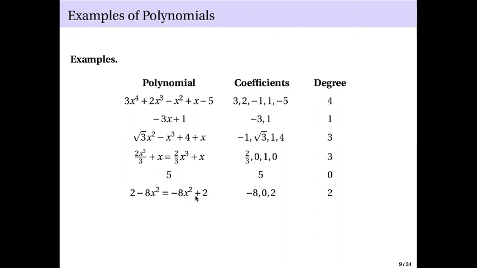So the coefficient of that is equal to 0. So if you want to write that variable x with power 1, you can rewrite this expression as negative 8x squared plus 0x plus 2. That's why the coefficients are negative 8, 0, 2. Okay?